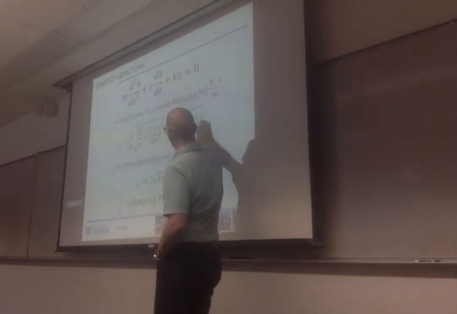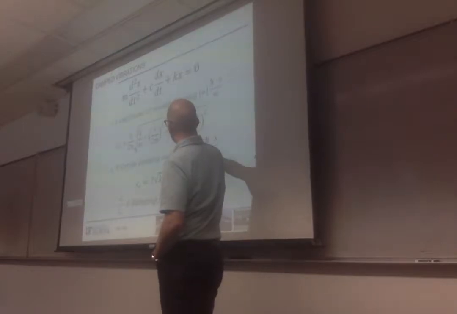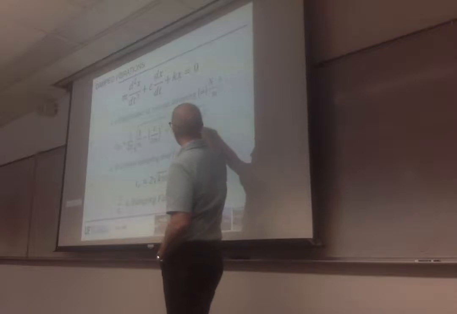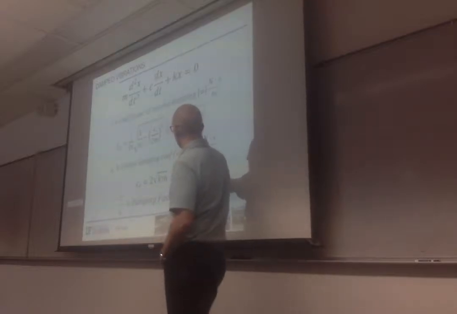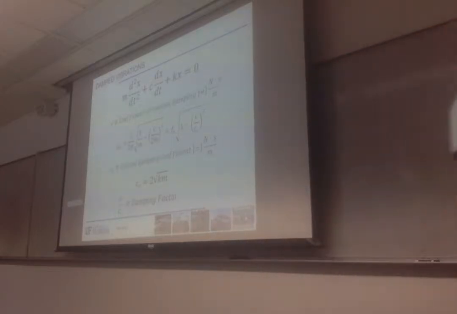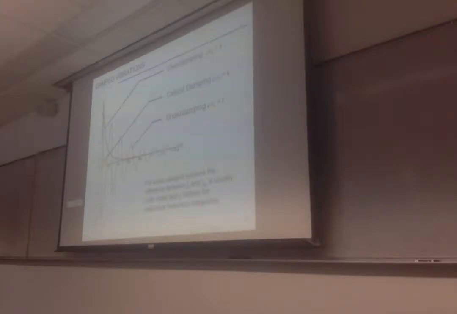This can be regrouped using the critical coefficient of damping that is defined here. You can play with that equation to show that this is equal to this, and this will be the damping factor. We're going to see what this means a little bit later. So this is free vibration.